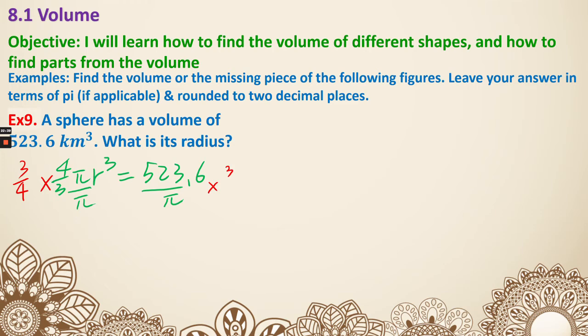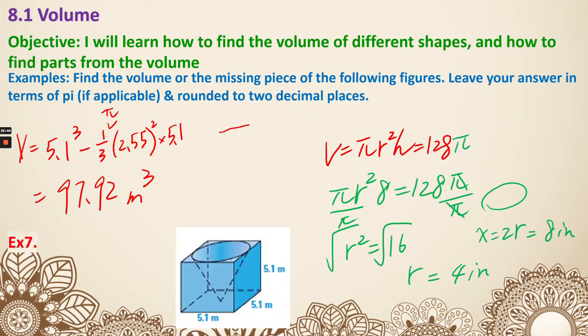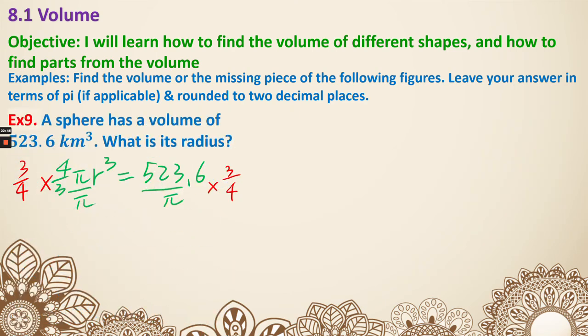We do the same to the right side. We're going to multiply by 3/4. So the pi is gone, r cubed equals, and that is going to give you 125. Cube root both sides. r is 5 kilometers.